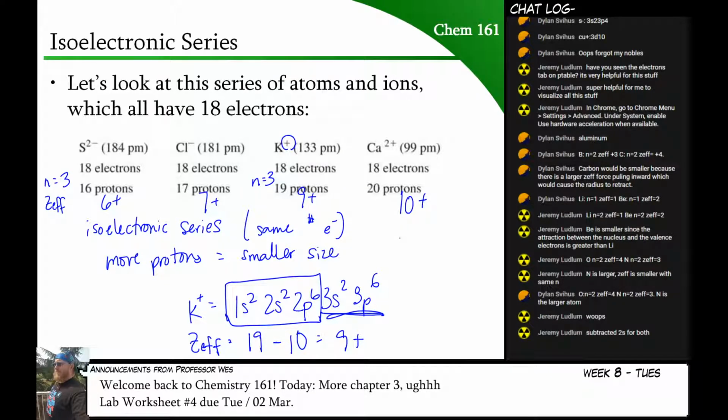So again, a lot of this comes down to Z effective. Remember that Z effective values larger than 8 generally only happen if you have stripped away a valence shell. So you're typically only going to see up to 8. Like if I ask you to calculate Z effective of argon, it's 8.